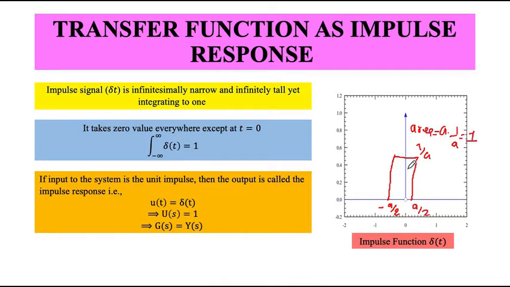If I call this rectangle signal r(t), then the integration from minus infinity to infinity of r(t) is 1. It is 0 everywhere else, to the left and right of this, and the width a extends from minus a by 2 on the negative side to a by 2 on the positive side.